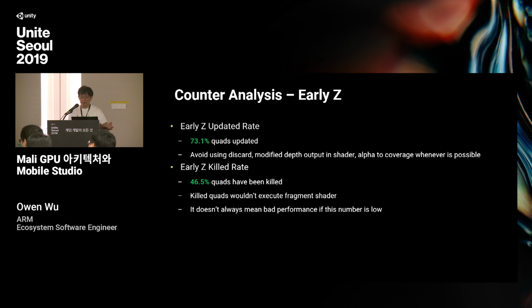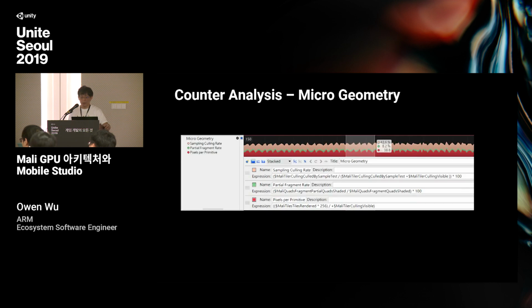From the chart, we can see about 27% of quads cannot do the update and will go to late Z. To send as many quads to early Z as possible, the shader should avoid using discard, avoid modifying the depth value in the shader, and avoid using alpha coverage. So this chart is about micro geometry.